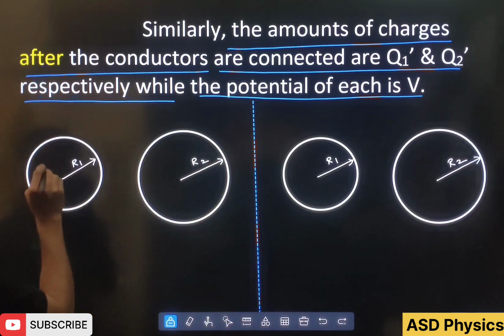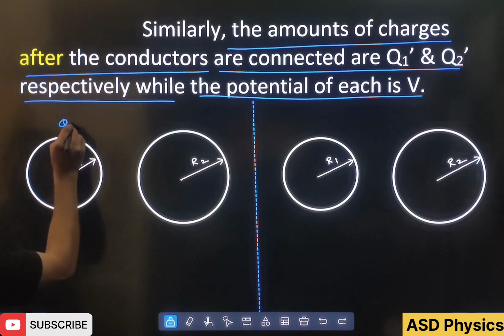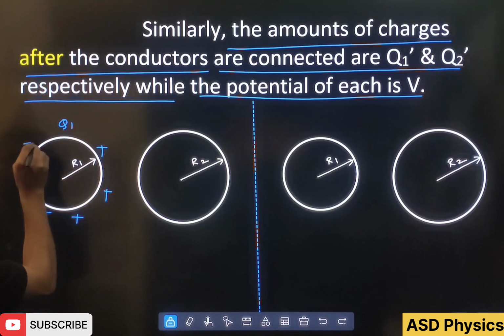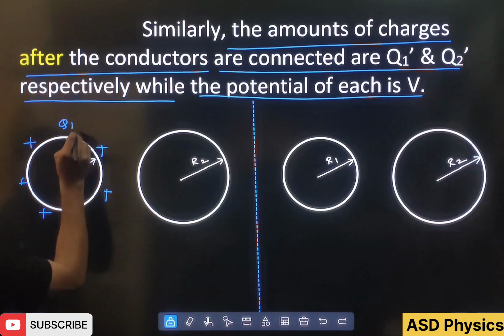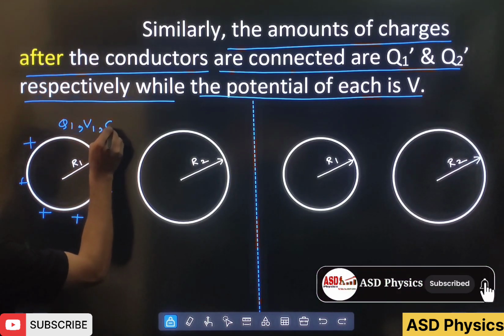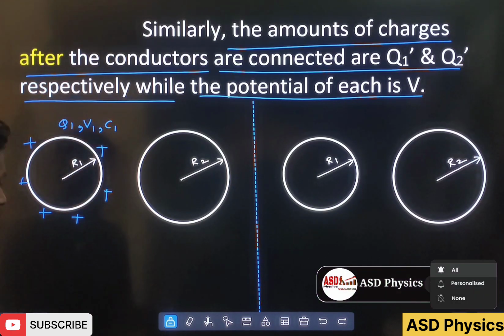So see here students, let's take the initial charge on the first conductor as Q1, its potential V1, and its capacitance C1.